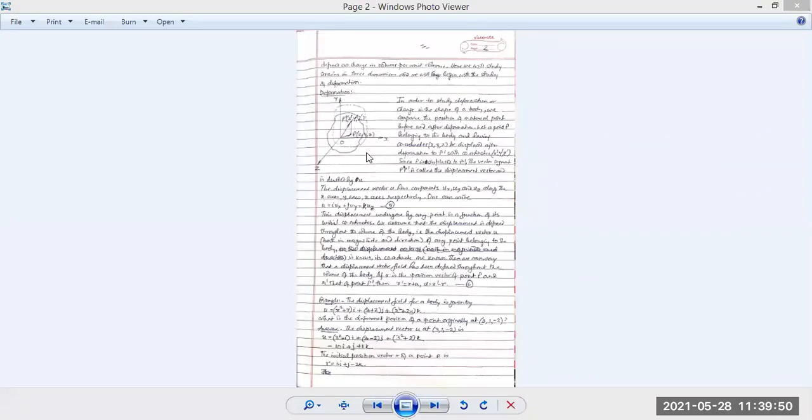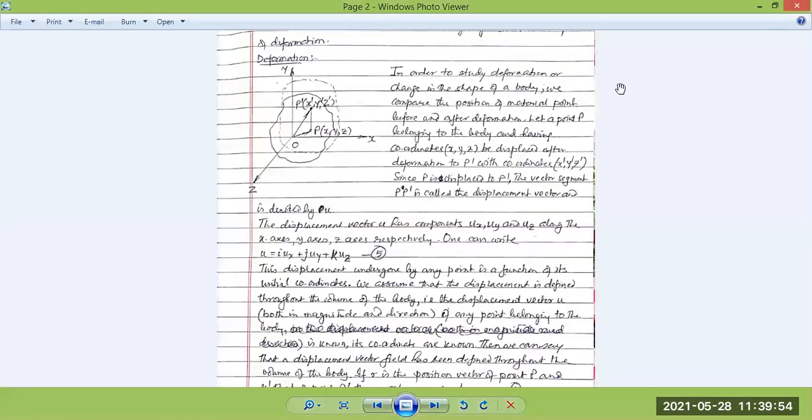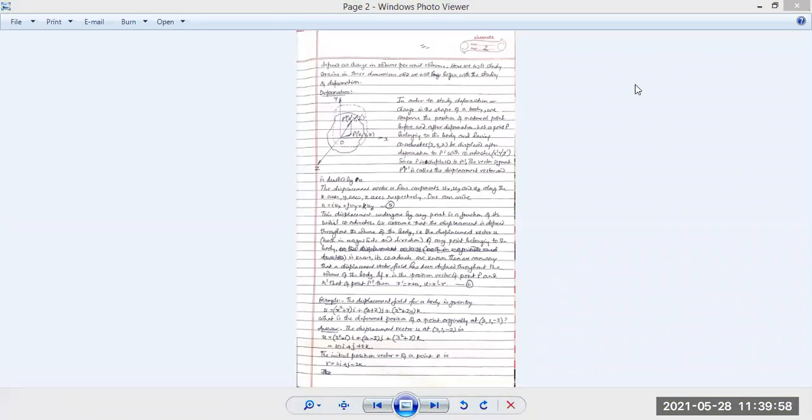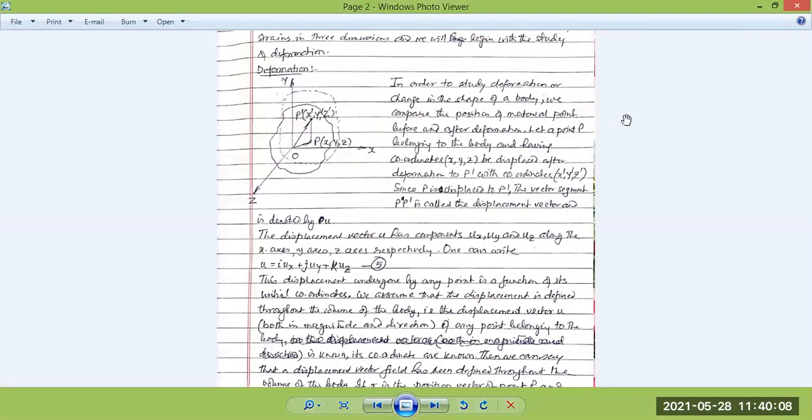Now, let us come to the present class, the important things, because whatever we are doing at this moment, we are already considering the deformation of a particular point.